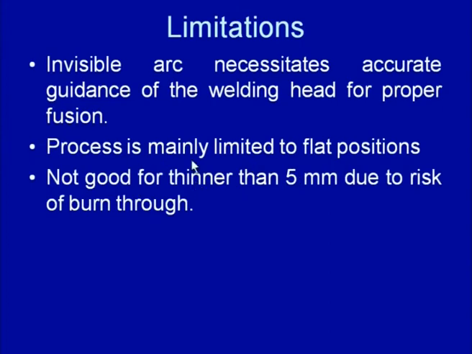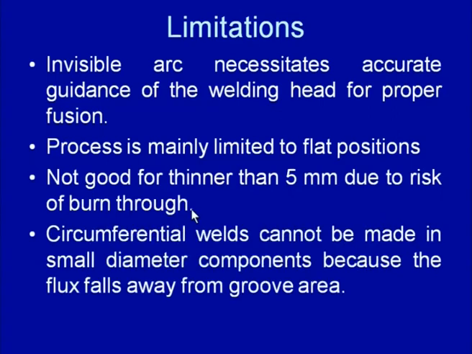It is not good for welding plates of thickness less than 5 mm, due to the risk of burn through, because this process has high heat input and so has the tendency to cause a melt through situation. Circumferential welds also cannot be made by this process, especially in case of small diameter components, because the flux falls away from the groove area.